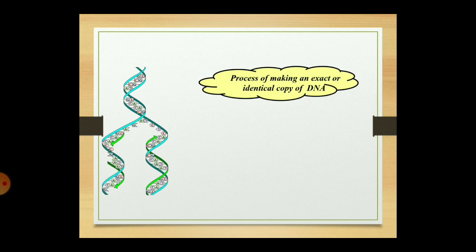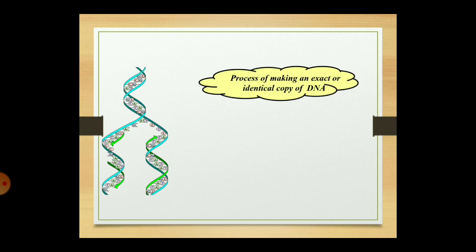During the process of DNA replication, the two twisted strands separate, and the separated strands act as a parental strand, or we call it a template strand, on which a new strand is synthesized. The daughter strands are exactly identical to the parental strand.